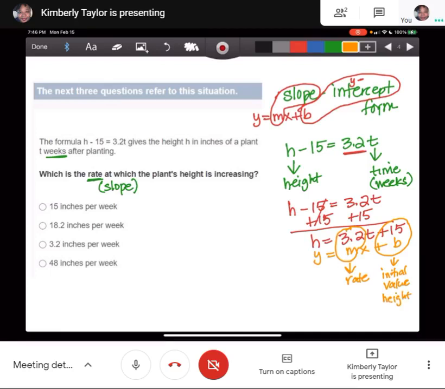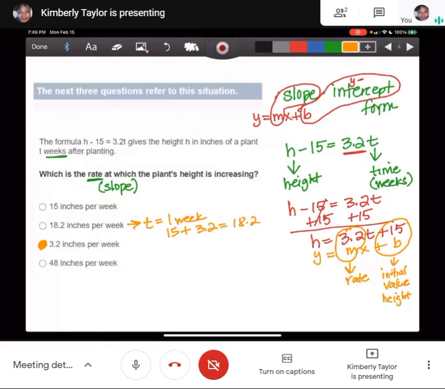of the plant. So what's the rate that it is growing? It's going to be 3.2 inches per week. What this number here shows, 18.2, shows what happens after 1 week. So when t is equal to 1, or 1 week, the plant has grown to a height of 18.2 inches, because 15 is where it started, and then you added 3.2 to it to get 18.2.